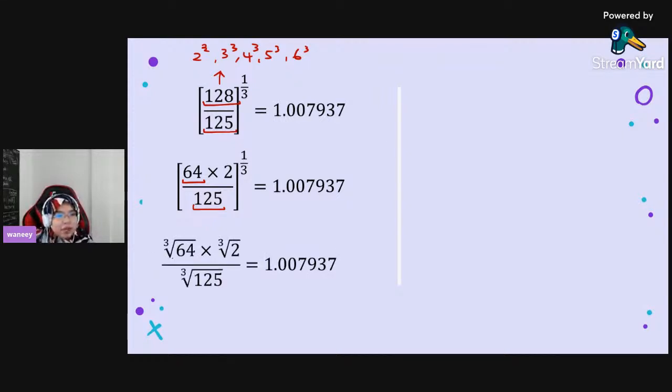Now I'm going to apply the power for them. So I have cube root of 64, cube root of 2, cube root of 125. Cube root of 64 is simply equal to 4. Cube root of 125 is simply equal to 5. So I have 4 times the cube root of 2 over 5 equal to 1.007937.